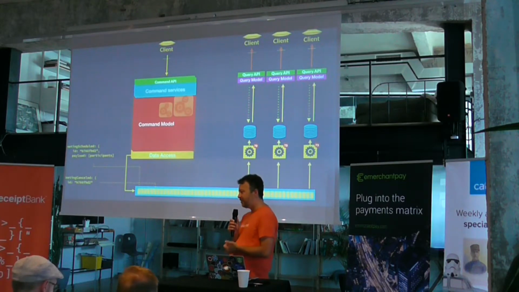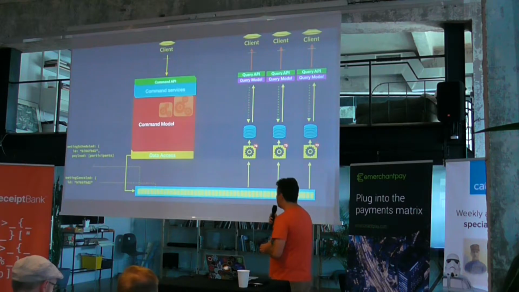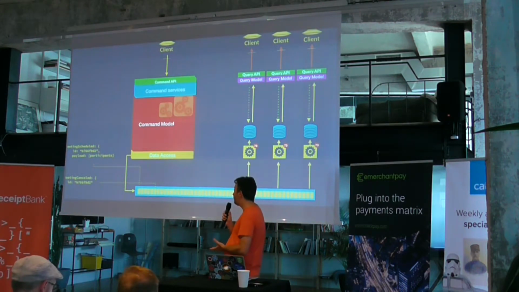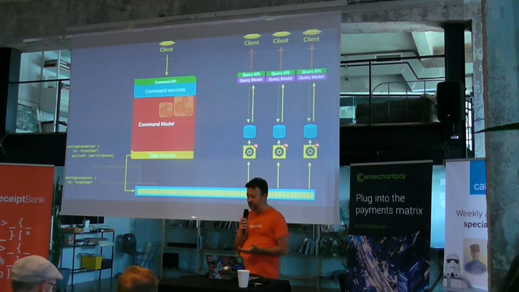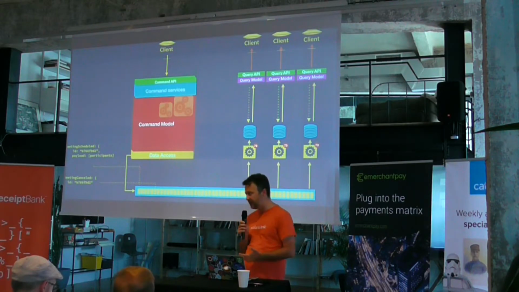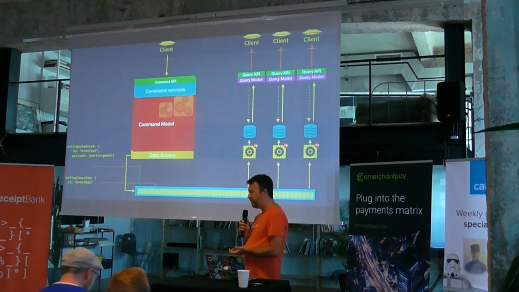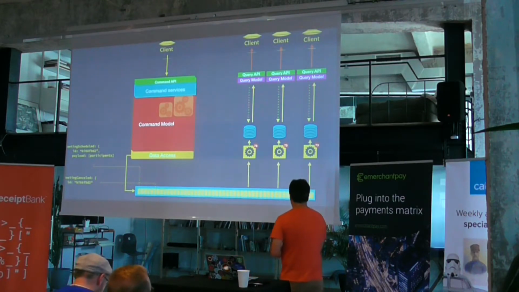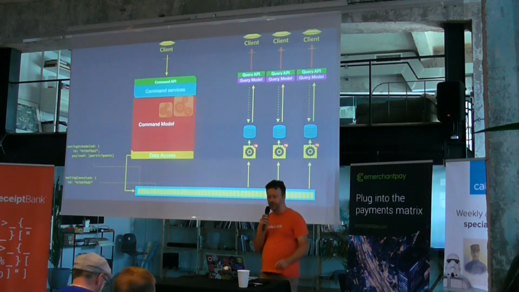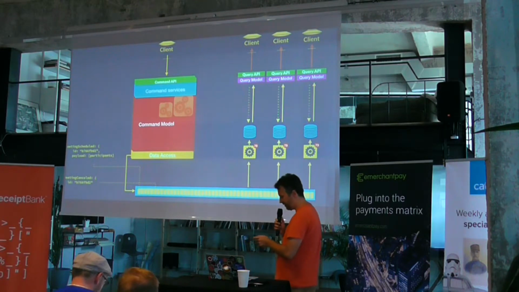If we start looking at the state from this point of view, we can see that instead of mutating the state, we can put everything that has happened in a series of events. These events can then be replayed and can recreate what we know as current state. Just a second, we have the pointer.